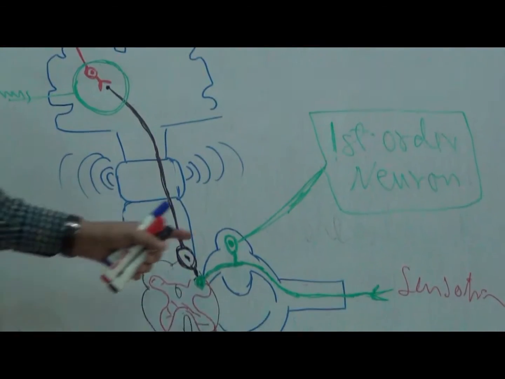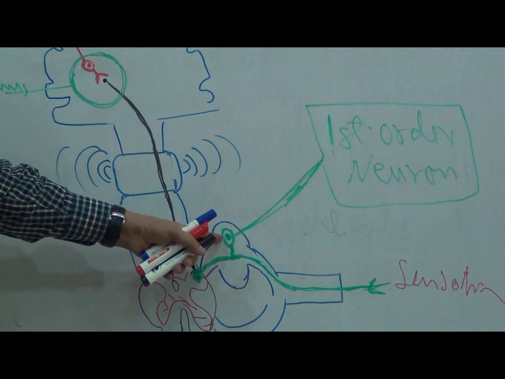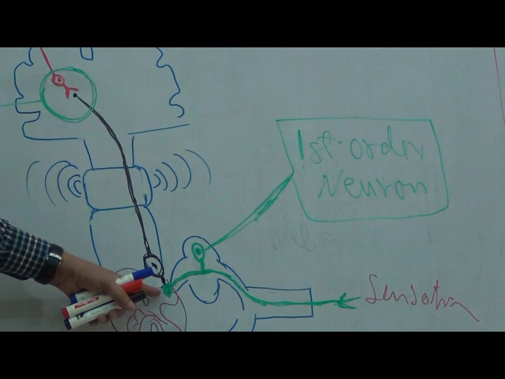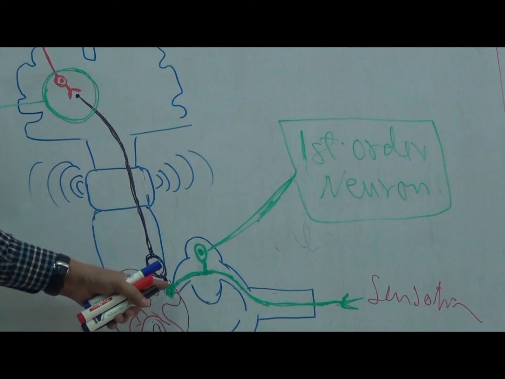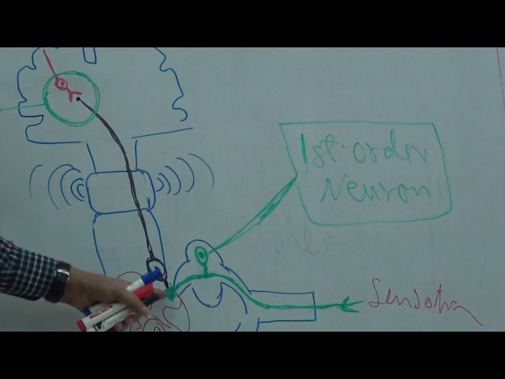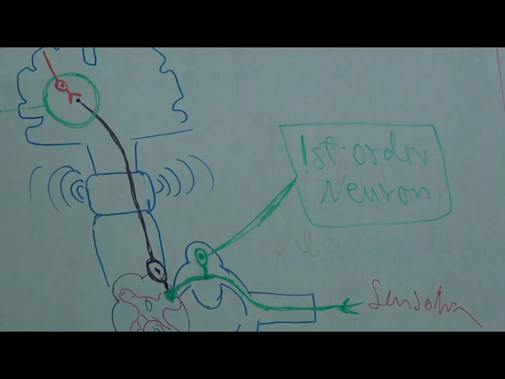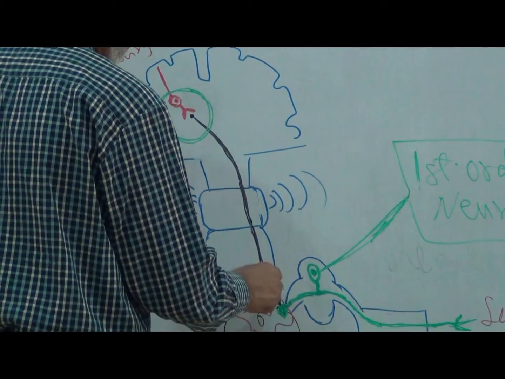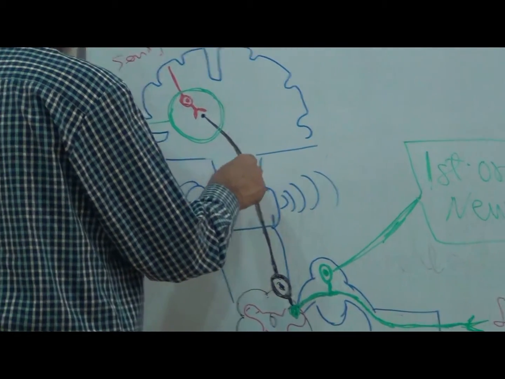The cell body of this neuron is in the spinal ganglion, and the peripheral process carries sensation from the periphery, and the central process of this neuron of the spinal ganglion relays in the posterior horn. From the posterior horn, another neuron starts and carries these sensations toward the thalamus.